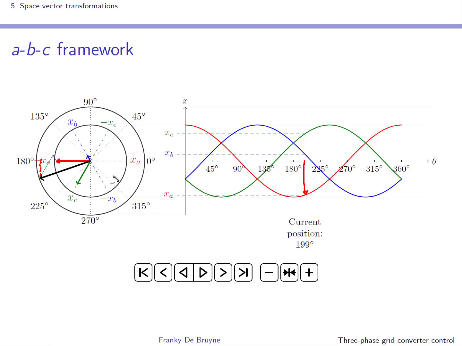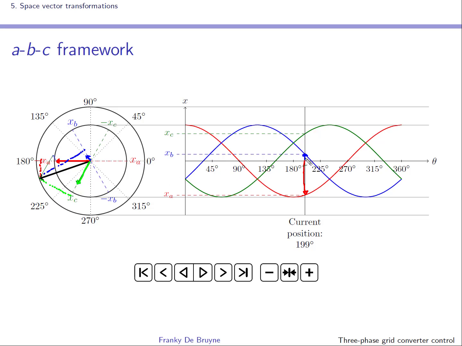You have something similar with the projection on the B axis. Here's the projection. The factor 2/3 is being applied, and you obtain the component for the phase B. And of course, you can do something similar for the third phase C. So you project on the C axis and you apply this factor 2/3, and this is what you obtain.